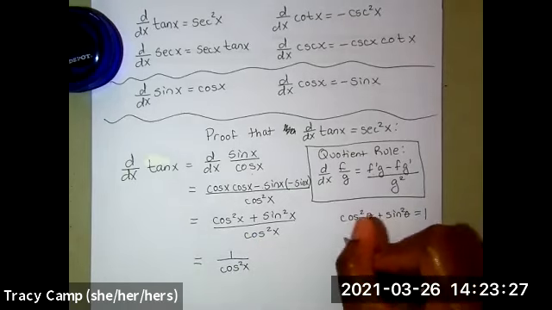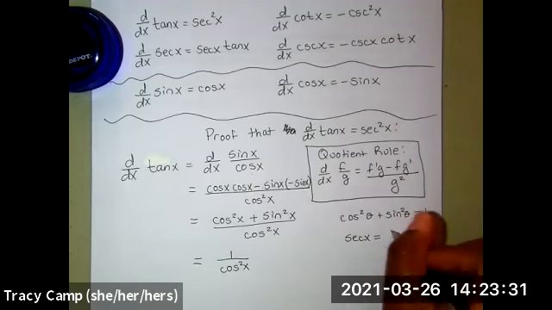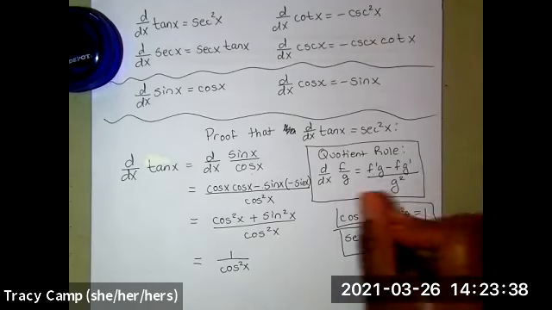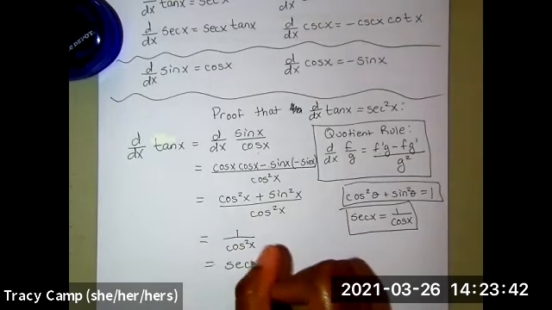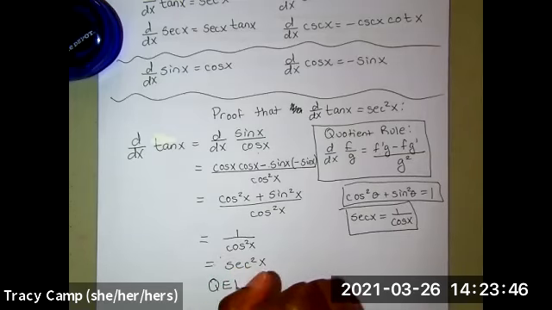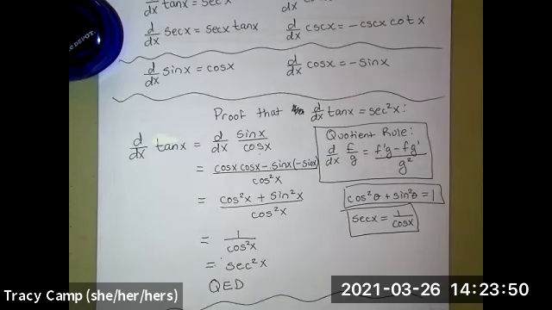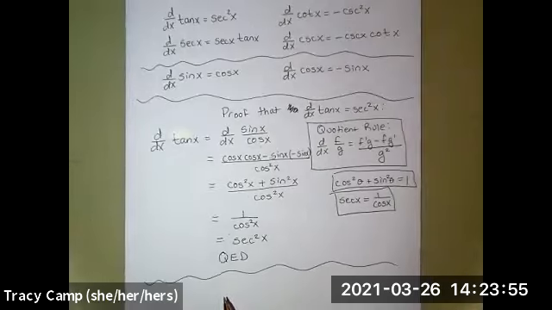And then reminder that secant is the same thing as 1 over cosine. So 1 over cosine squared is the same thing as secant squared. And we're done. So all the other proofs work exactly the same. I mean, not exactly the same, but just like that, using the quotient rule.